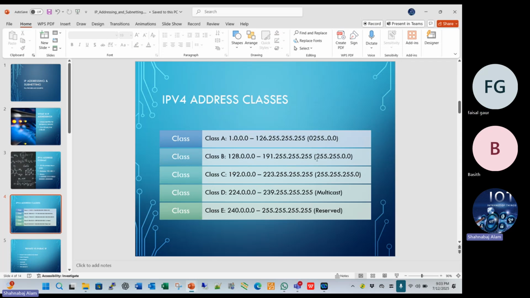Just I am asking you, you know about network ID and host ID. What is the host ID in class C? Do you have any idea how many bits are the host ID and network ID in class C or class B? Faisal bhai and Basit, can you give me the answer?